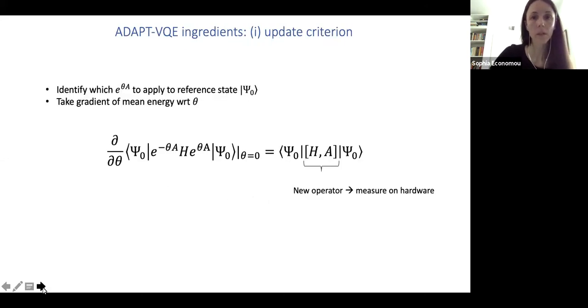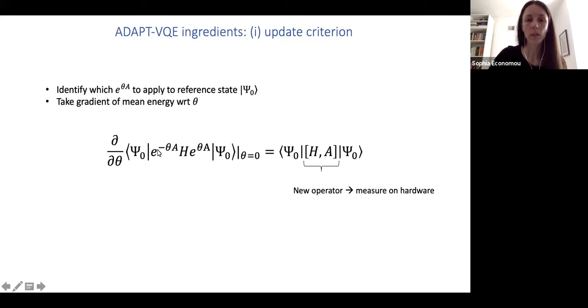The second key ingredient is how do you decide which operator you append next. So you need to have some criterion, and we have one we're using, but this is not necessarily the only one. The one we used in most of our work is to take the gradient of the mean energy with respect to this theta.